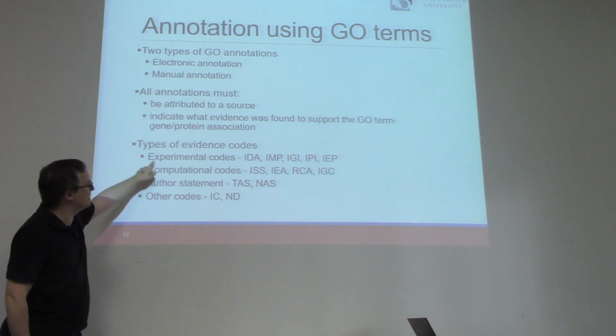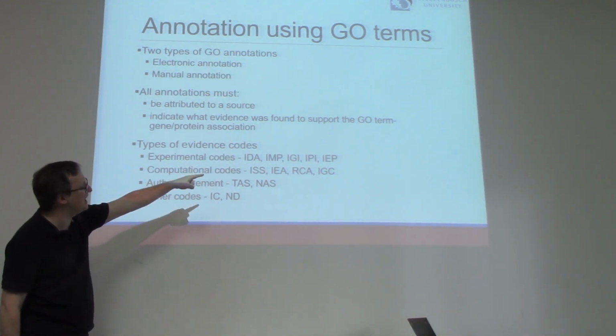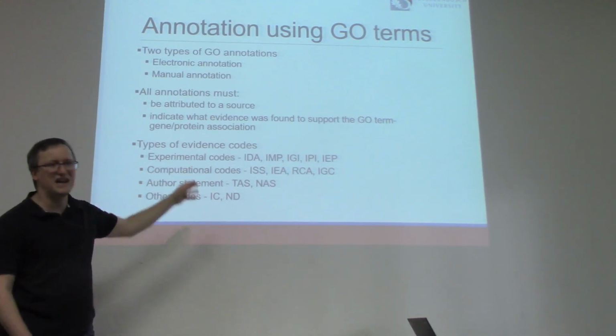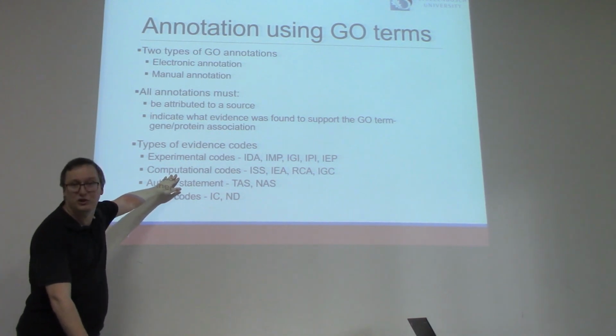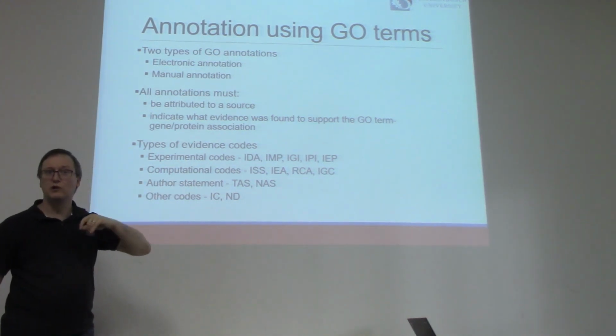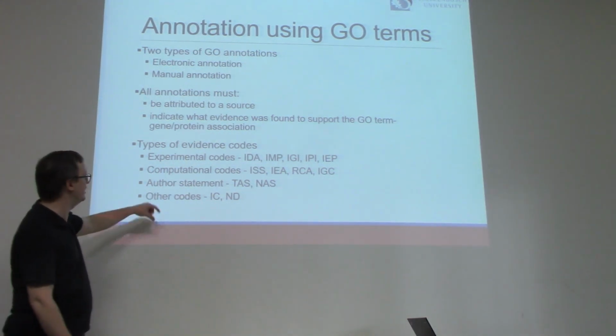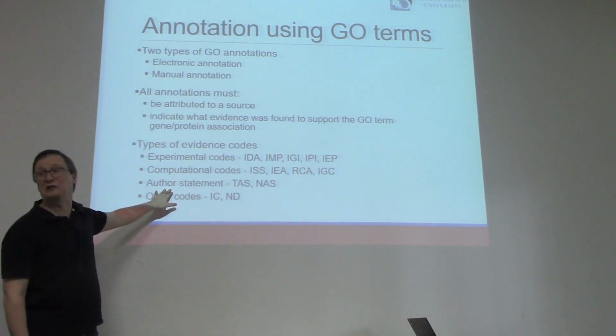We have evidence codes like IDA, IMP, IGI, IPI, IEP. You can look up what each of these codes means. We have computational codes, things that refer to automatic annotation that got dumped into GO. Sometimes we have author statements, right?